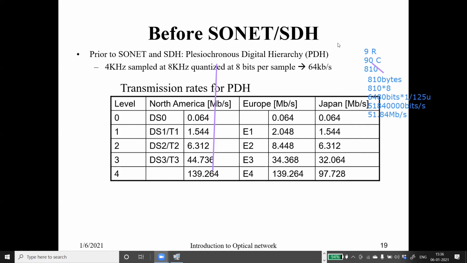Ma'am, we have to calculate for DS1, right? Do DS1, then DS2, then DS3. It's 33.5. So it will be 33, half can't fit, it is an integer. And how many DS2 will fit? 33. 51.84 divided by 1.544.